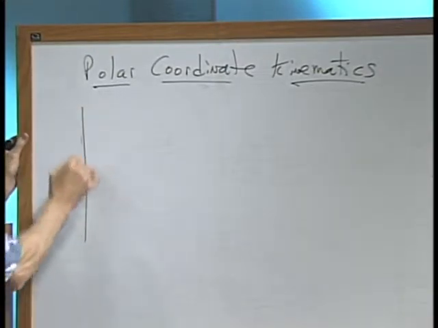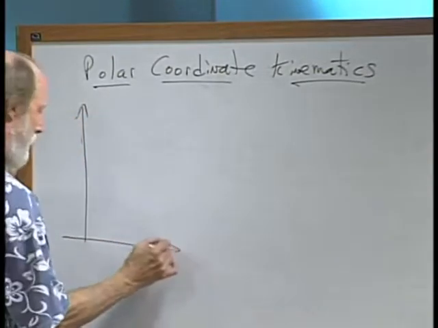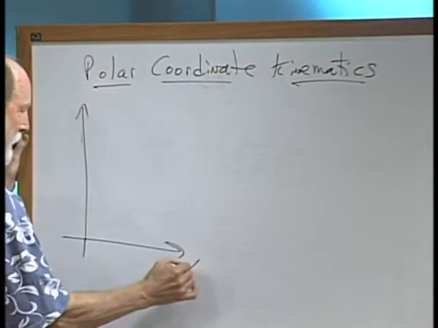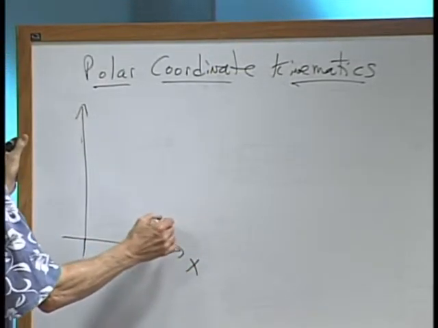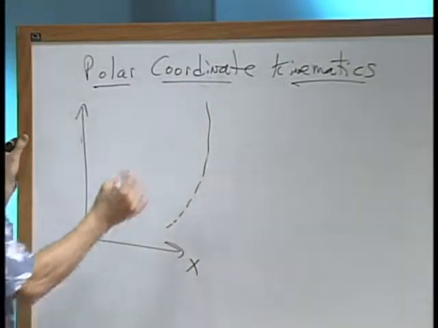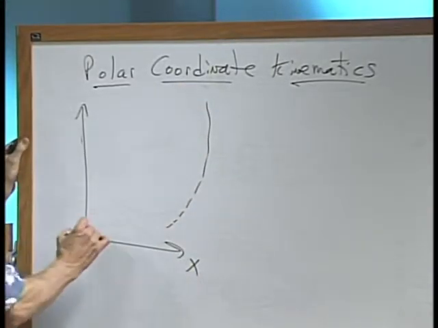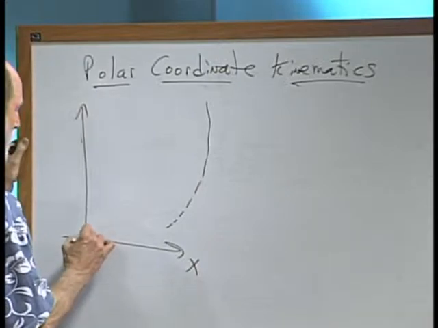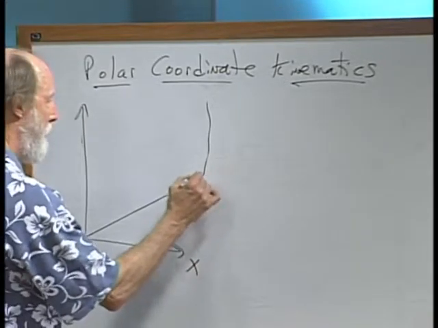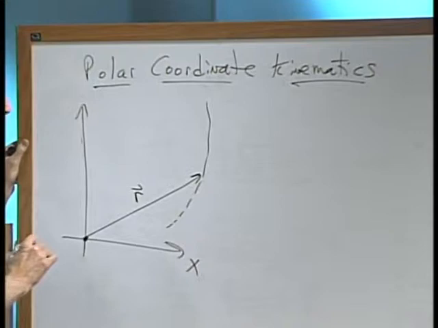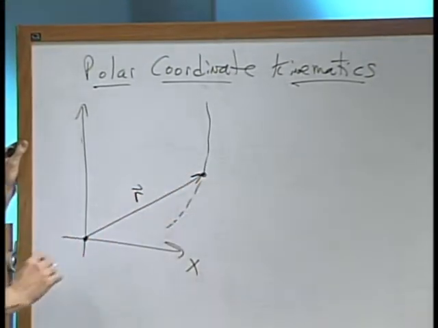Okay, let's go back to something familiar. We have a path, some kind of a two-dimensional path. We have a position vector that gets us to a point on the path.